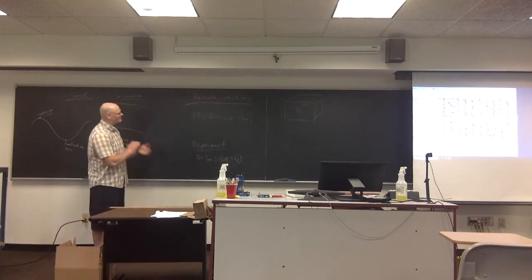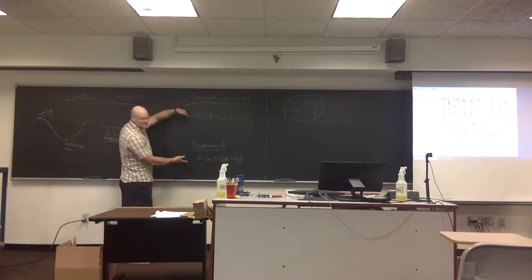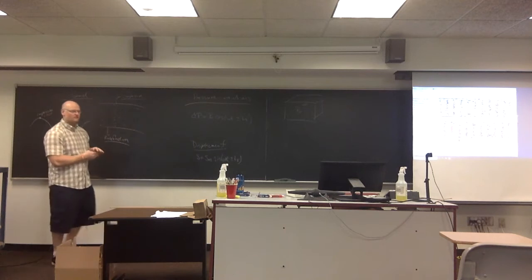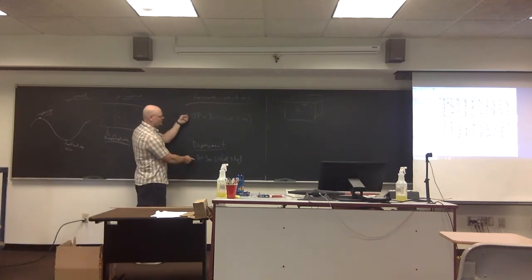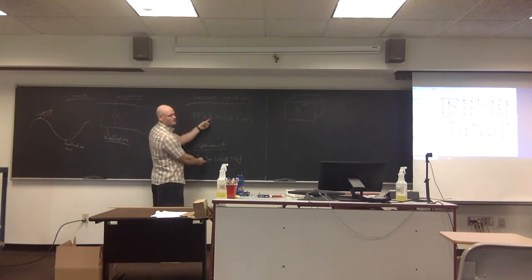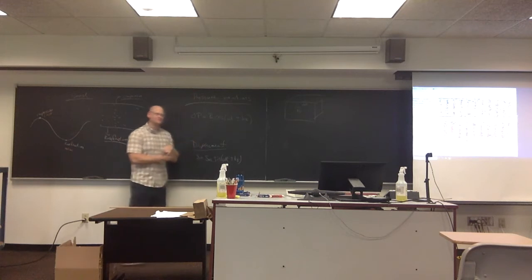So it turns out that it doesn't matter which one of these I actually use to describe the motion of the wave, but the only differences between the two are, one, the amplitudes are related to each other but not exactly the same, and two, notice these are actually out of phase with each other.